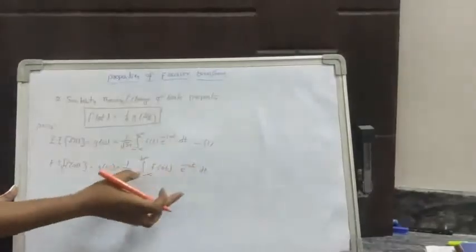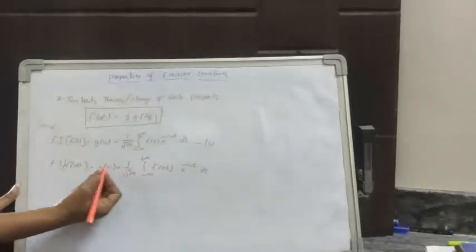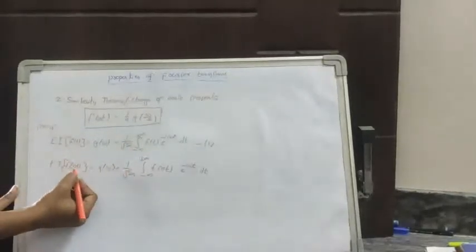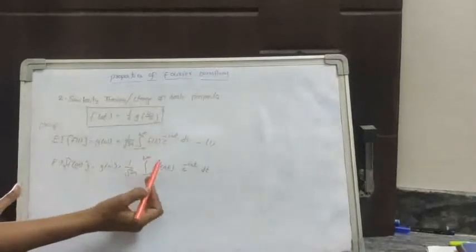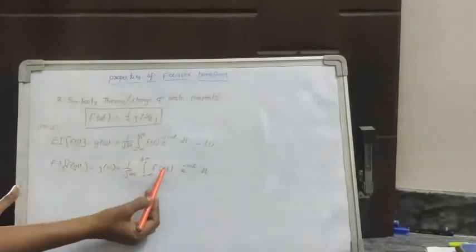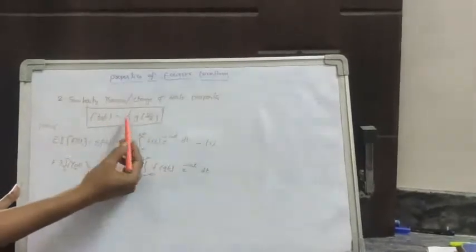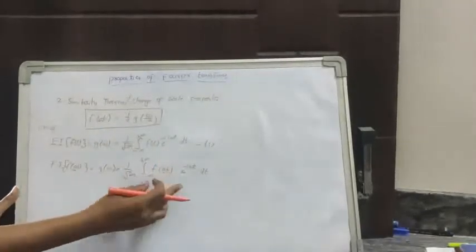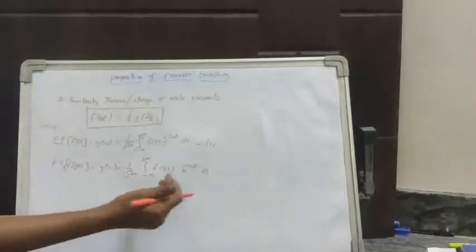Same as before, where the only change in f of t is the extra term a. Now consider this as equation number 2.